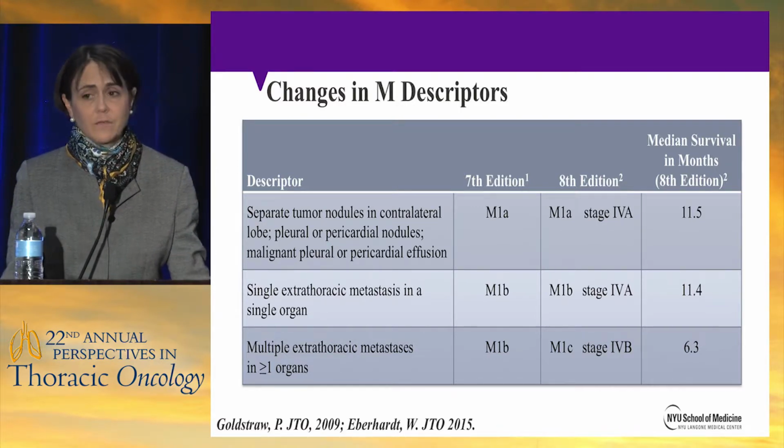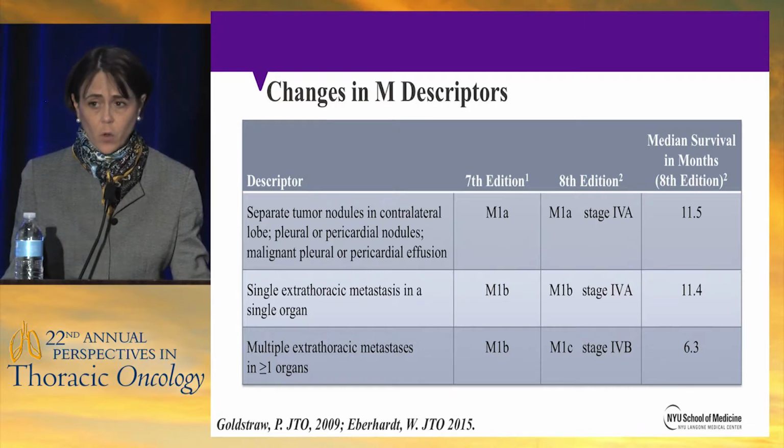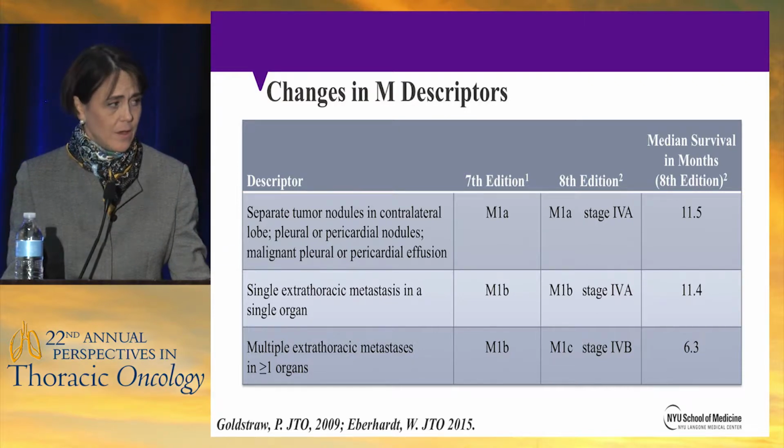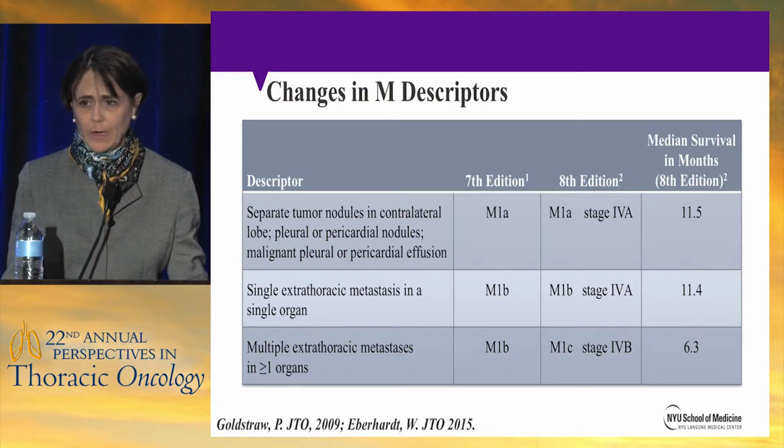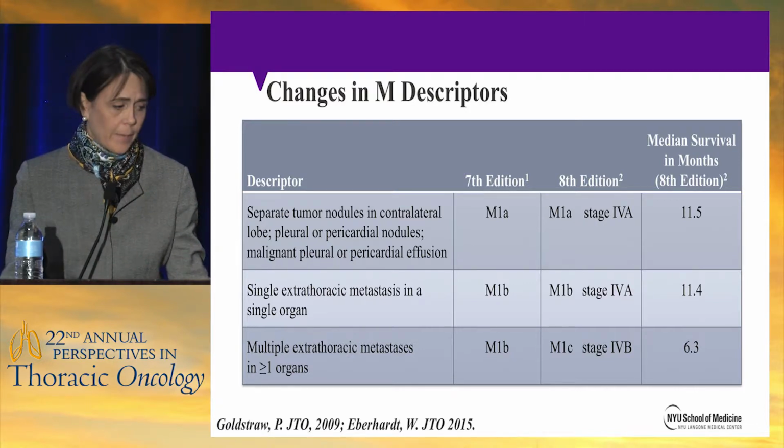And while there are lots of different definitions for oligometastatic disease, for the staging system, it is a single extrathoracic metastasis to a single metastatic organ. So I do believe 2 lesions in the brain would still count as M1b disease.